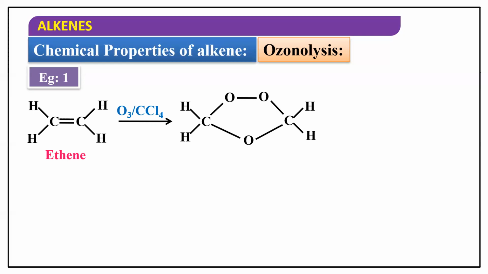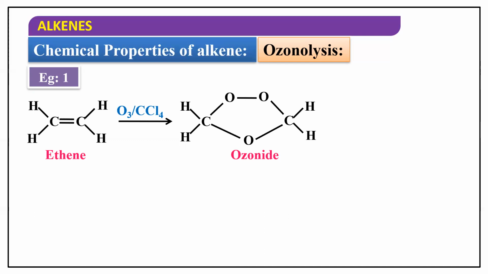Got that? From ethene to this ozonide, the bonds between the carbon and carbon, not just the pi bond, but the sigma bond too, both are broken, and then bonds are formed between the carbons and the oxygens of the ozone to give us the ozonide. So this is what is called an ozonide.